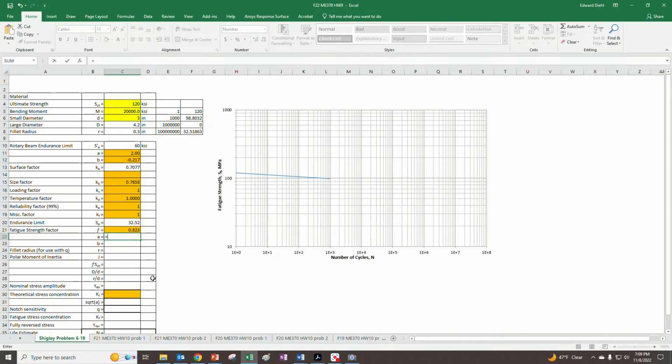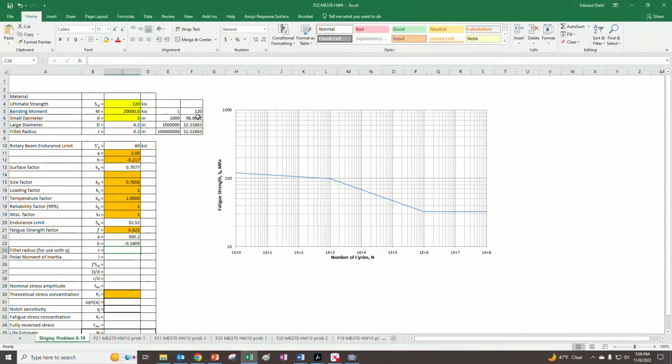A equals, and the quantity, this times that, close squared, and divided by that. Boom. And then B is going to be equal to negative 1 divided by 3 times log, and then we're going to take f times Sut divided by Se, and close. Boom.